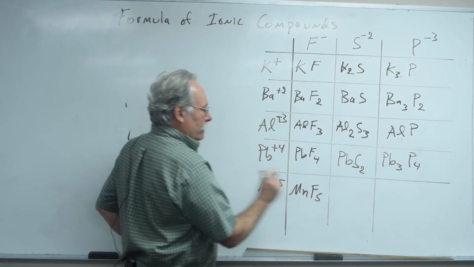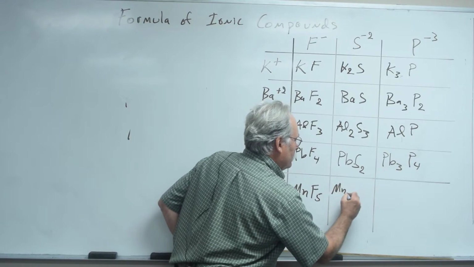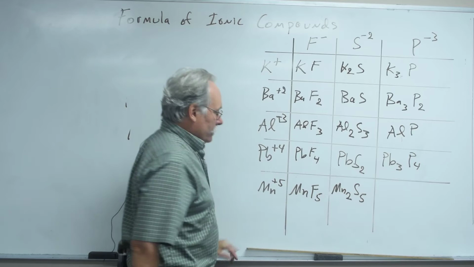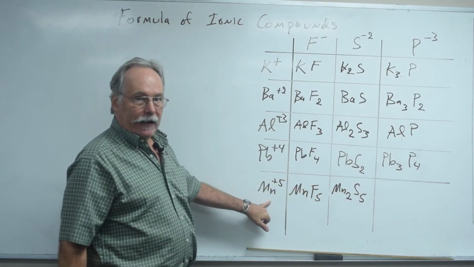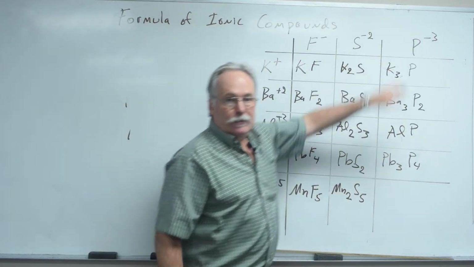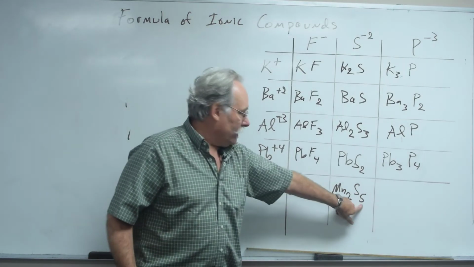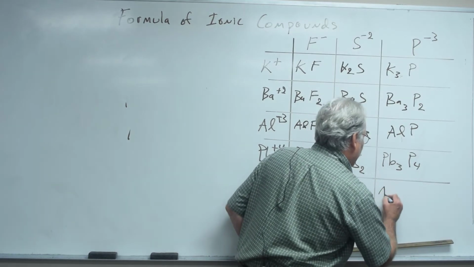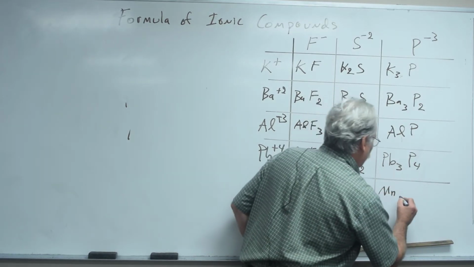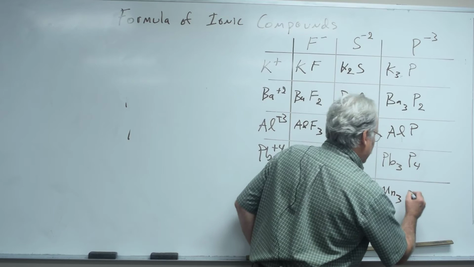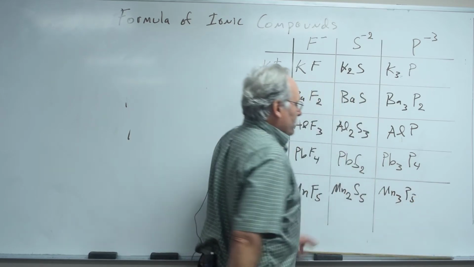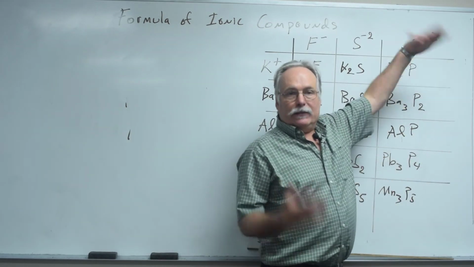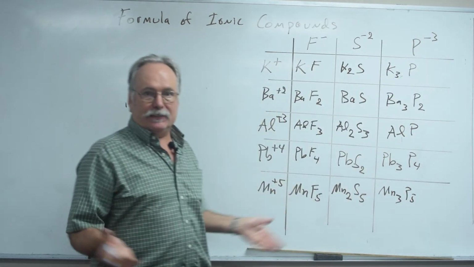I come over here, I have Mn2S5. So 2 times 5 plus 5 times minus 2 is 0. And 2 does not divide into 5, so this is correct. I come over here, and I have Mn3P5. So 3 times 5 is 15. 5 times minus 3 is minus 15. 15 minus 15 is 0.